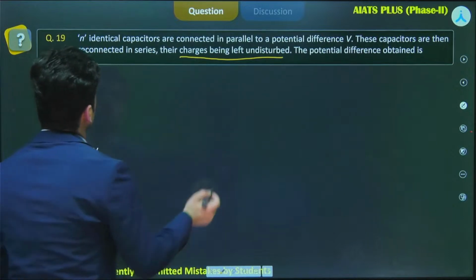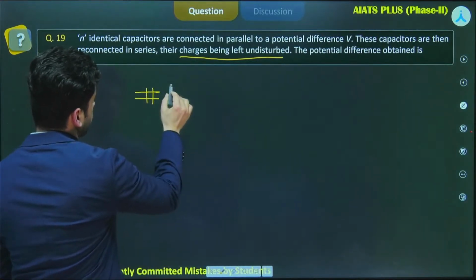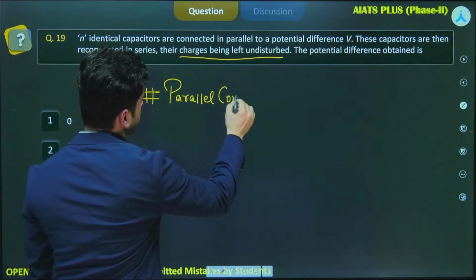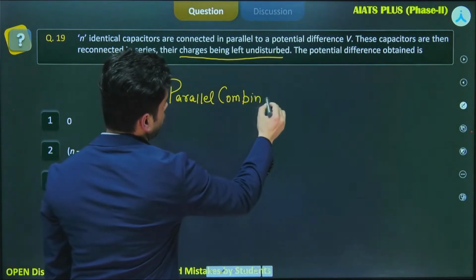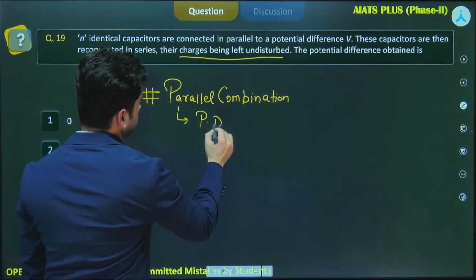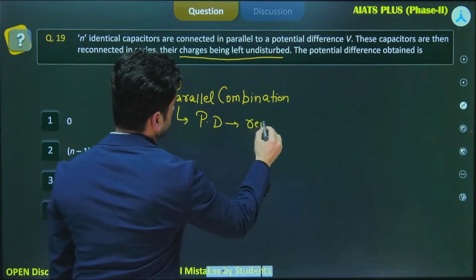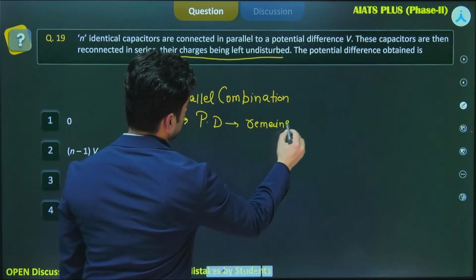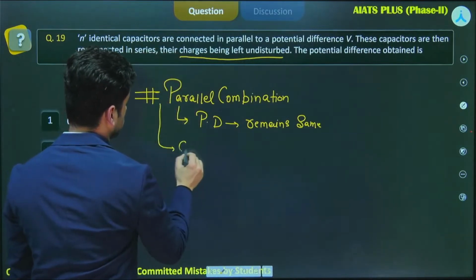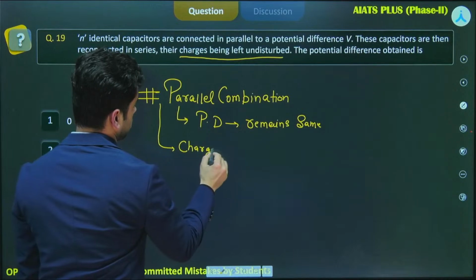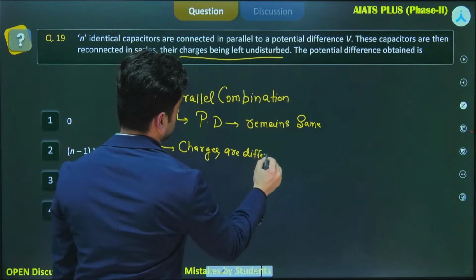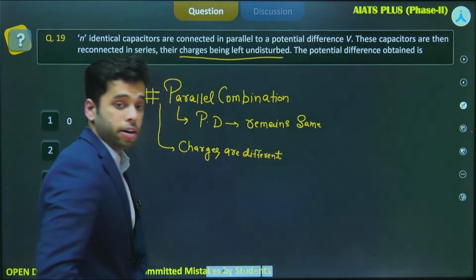Okay, so dear students, we all know that for a parallel combination of capacitors, the potential difference remains same and charges are different. Right?